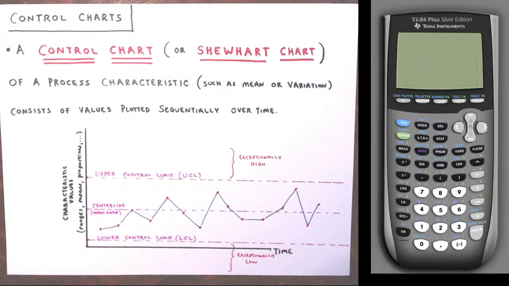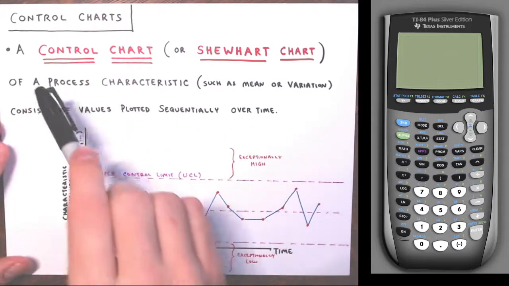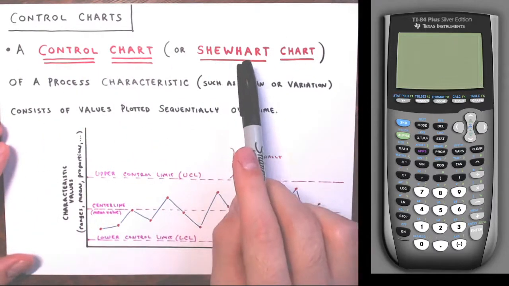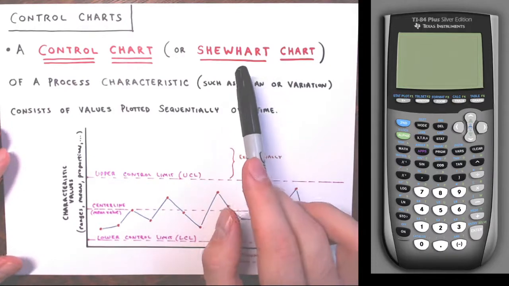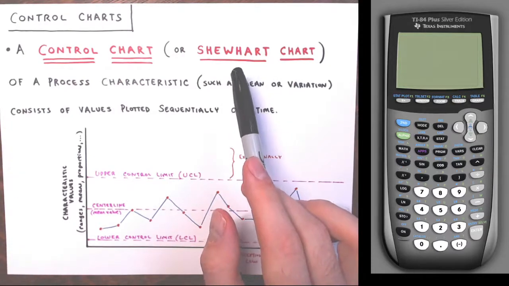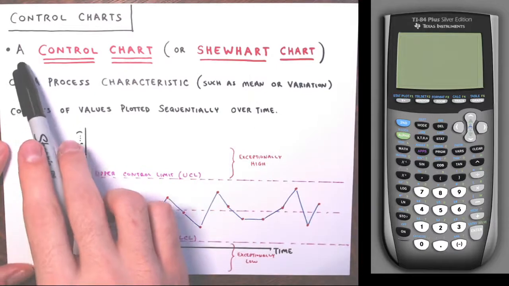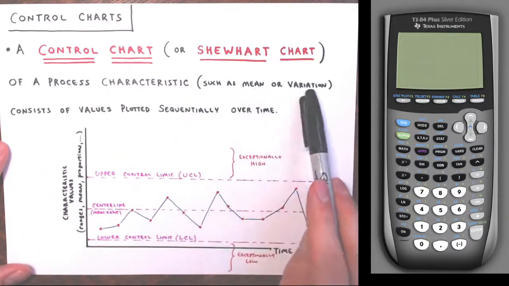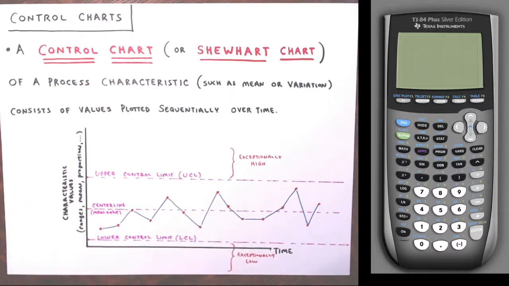So again, control charts. A control chart, or Shewhart chart, named after Walter Shewhart, who first introduced these in 1924. A control chart of a process characteristic, such as a mean or variation or some attribute, what proportion of the samples are defective, or what proportion of the samples are blue, or what proportion of the samples are greater than 5, or whatever.